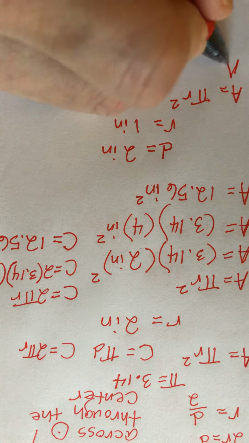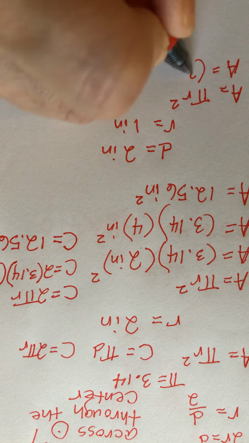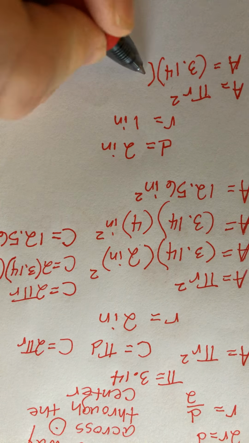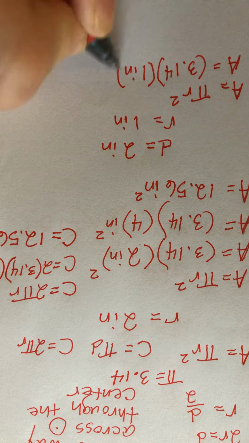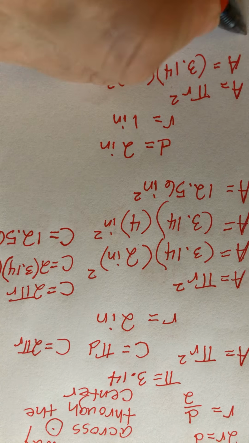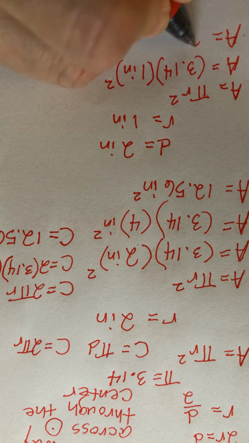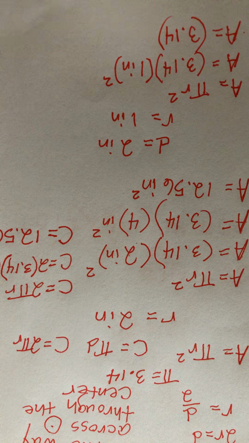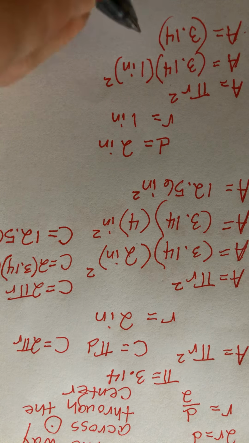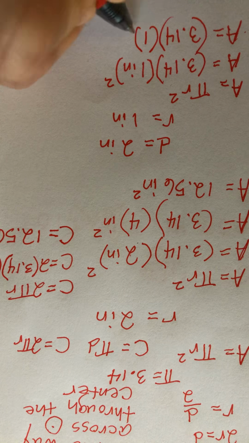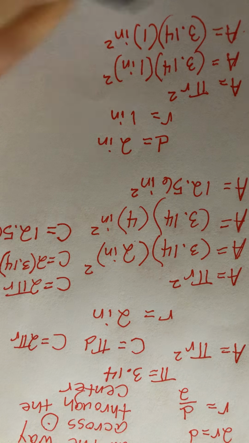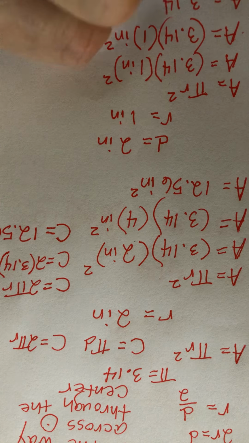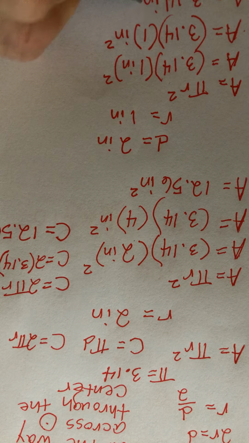And then I substitute in: area equals 3.14 times 1 inch squared. Now 1 squared is 1 times 1, so that's still going to give me 1. So my area is 3.14 inches squared.